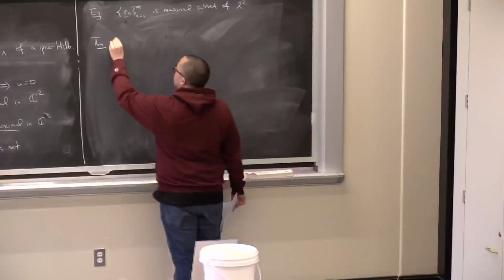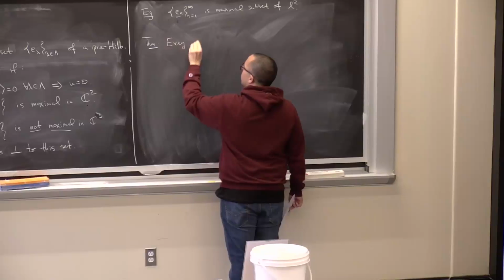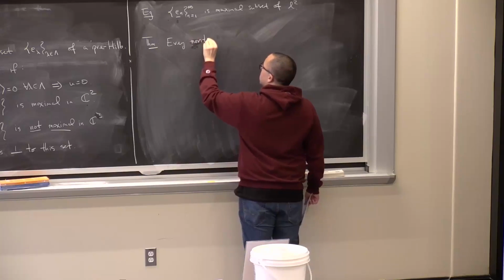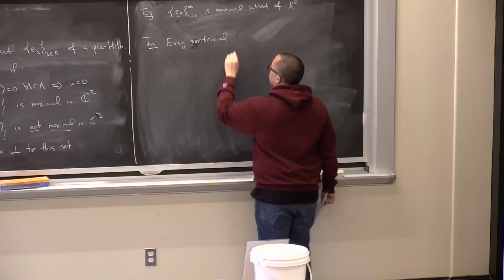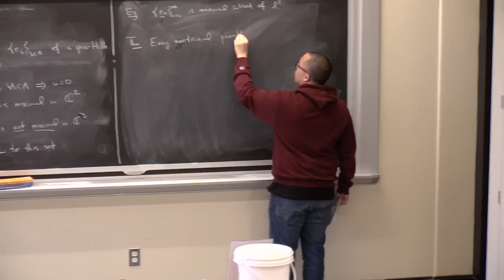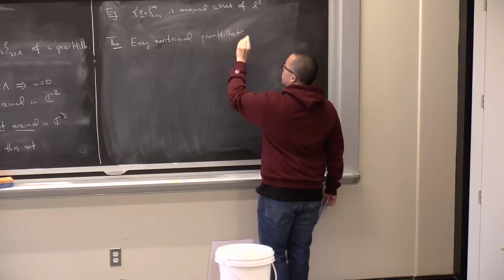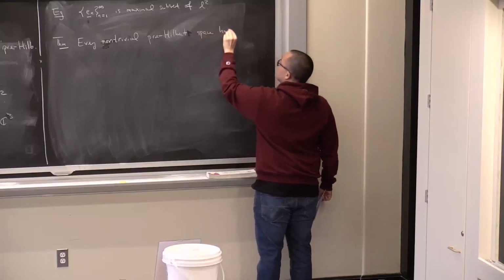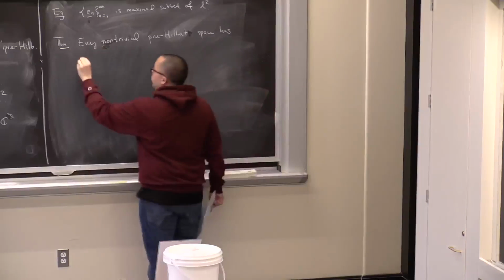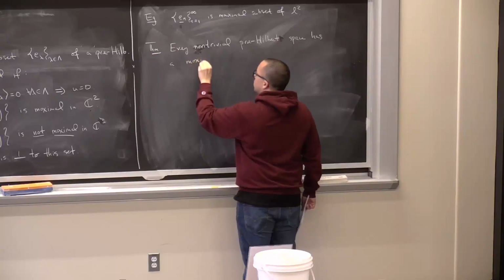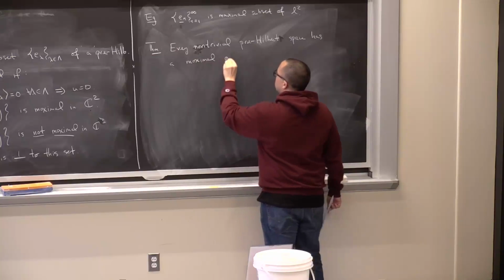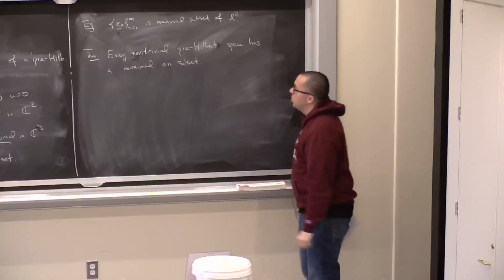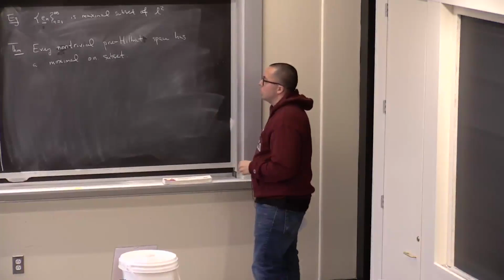The first is: every non-trivial, because we could have the space be just the zero vector, Hilbert or pre-Hilbert space has a maximal orthonormal subset. Whether it's separable or not, it has a maximal orthonormal subset.